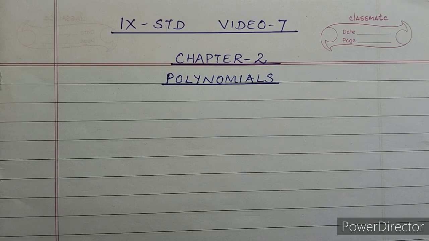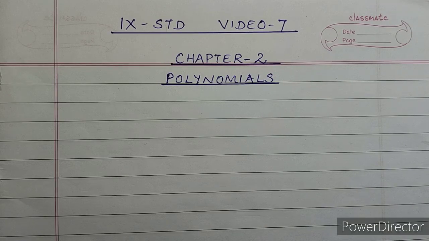A two-term algebraic expression, you will call it a binomial. Bi means two. A binomial also is a polynomial. And a three-term algebraic expression, you will call it a trinomial. Tri means three. So all these are polynomials only. Don't think that only above three terms is a polynomial. It's not like that. Monomial also, binomial also, trinomial also, all are polynomials only.